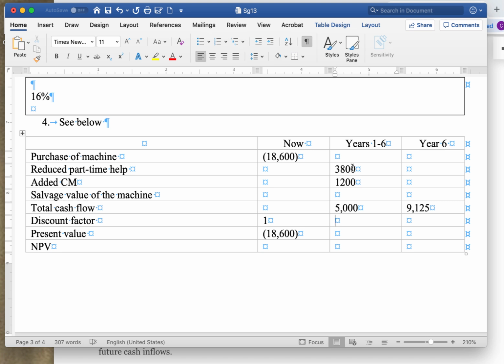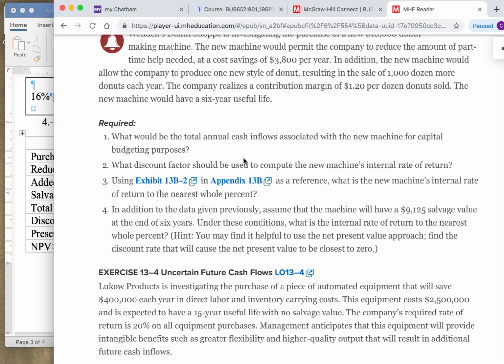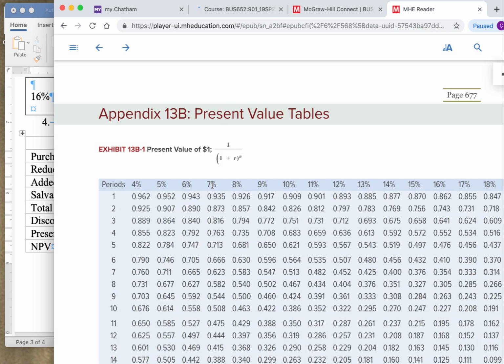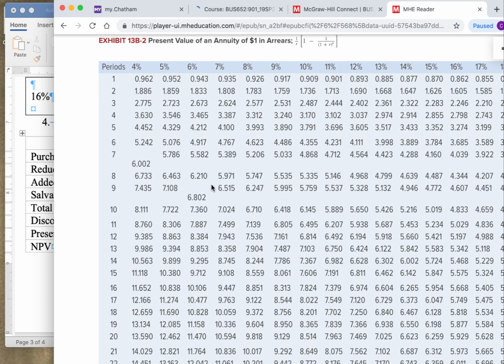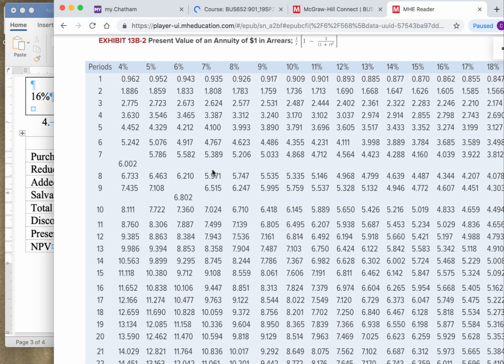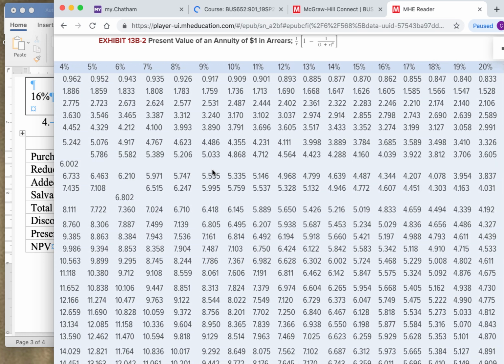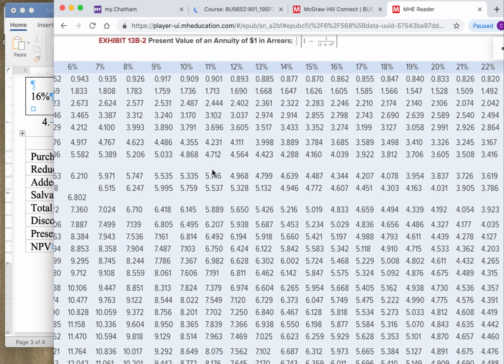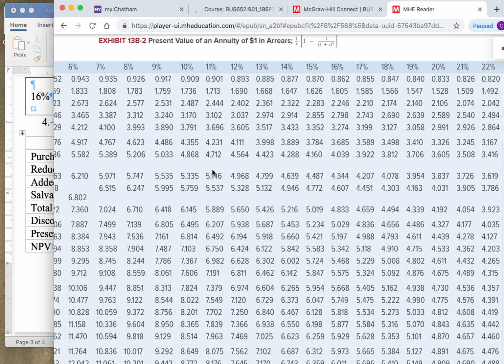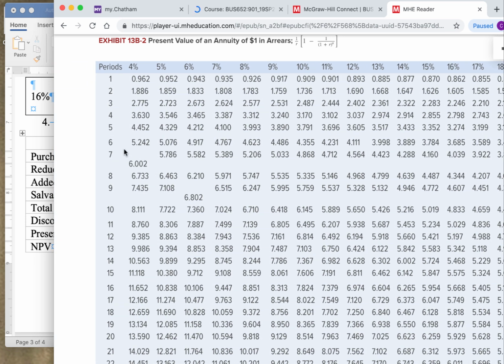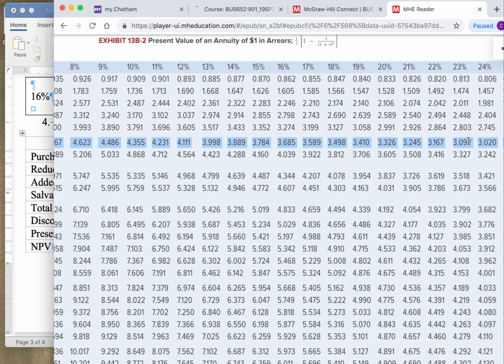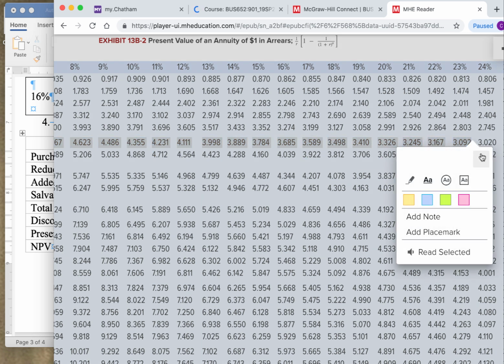Well, let's think about it for a second. And we're going to go back to our charts. The first one we're going to use is going to be line 6, so that's going to be this one right here. Okay, so close.